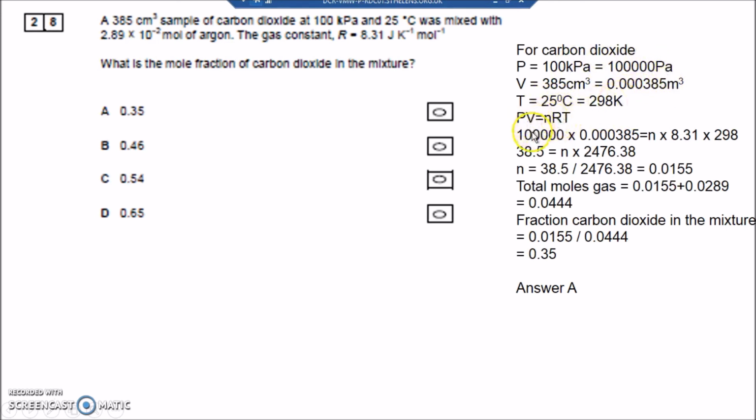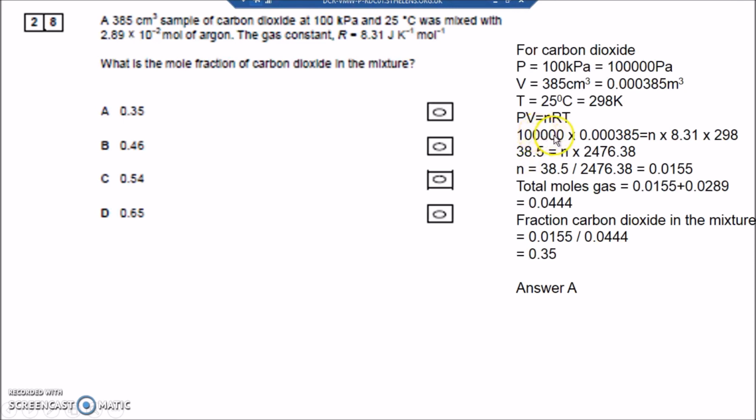PV equals nRT, so pressure multiplied by volume is 100,000 pascals multiplied by volume 0.000385, equals the number of moles, which is what I want to find, multiplied by the gas constant, which I'm always given, 8.31, multiplied by 298. I would always multiply these out first on my calculator so that you don't make mistakes.